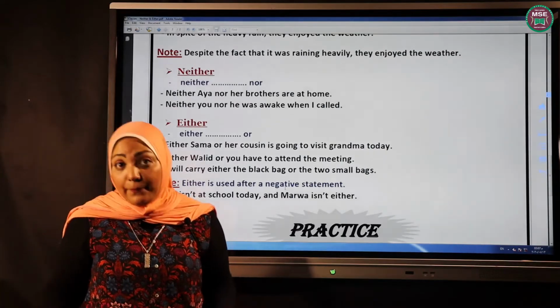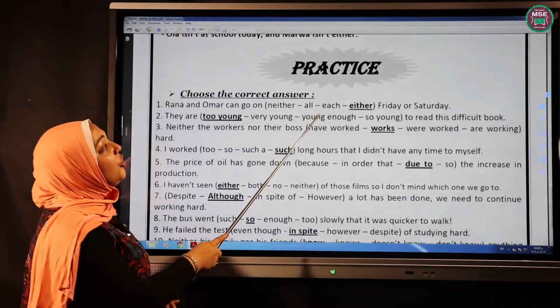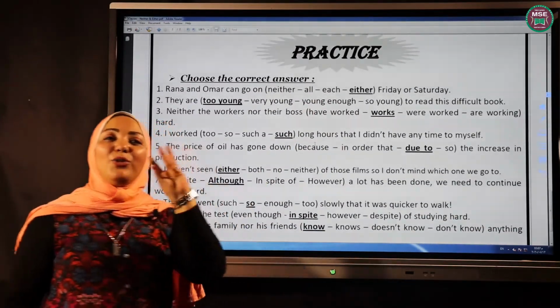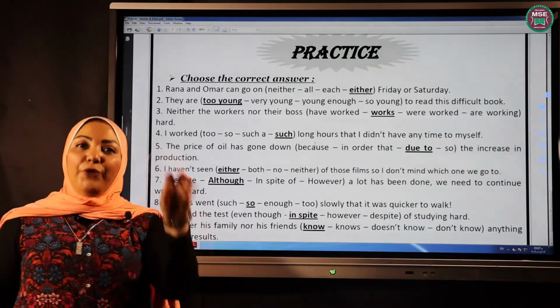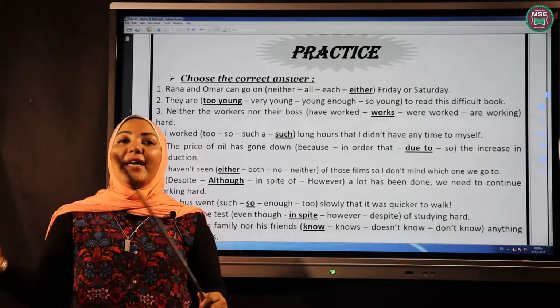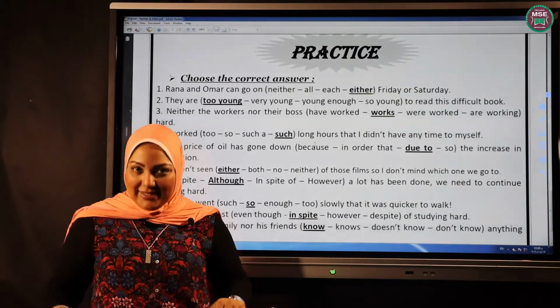Okay? Now, we can do a small exercise to show you how to choose the perfect conjunction or the perfect linker according to the relation between the two sentences to decide which clause it is.